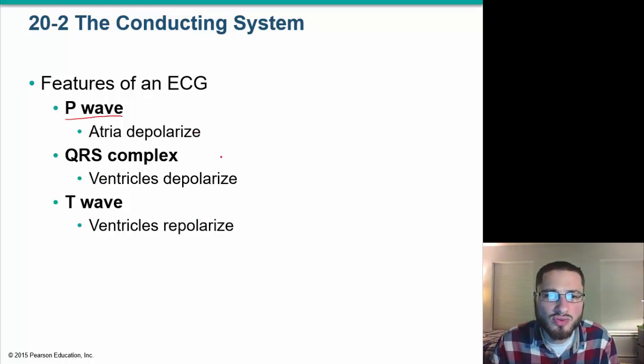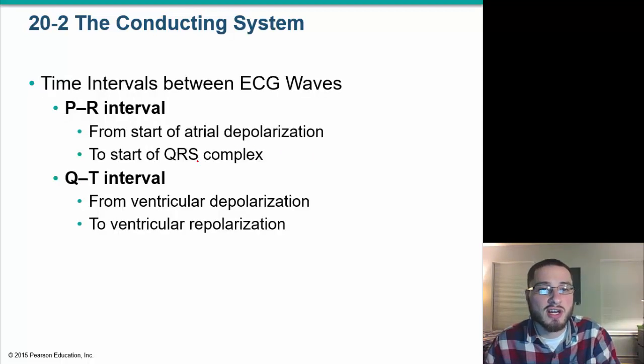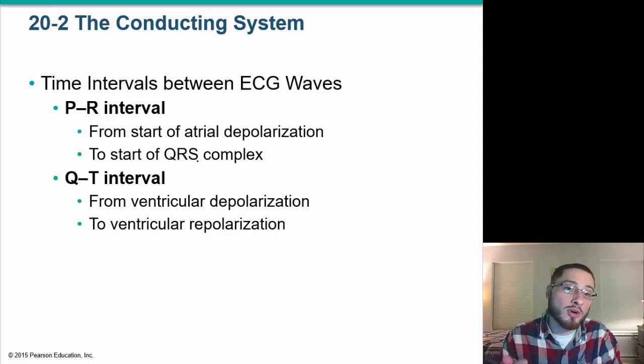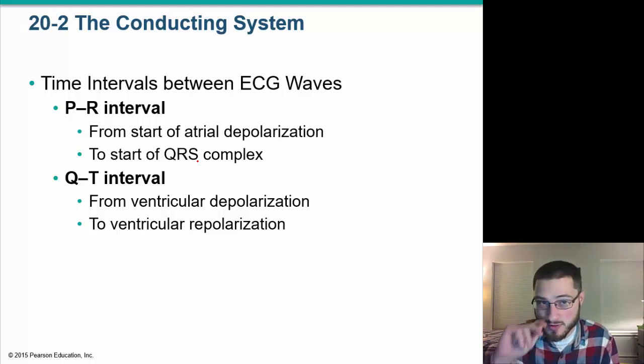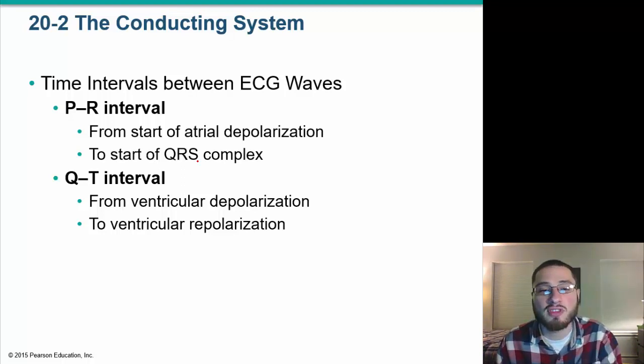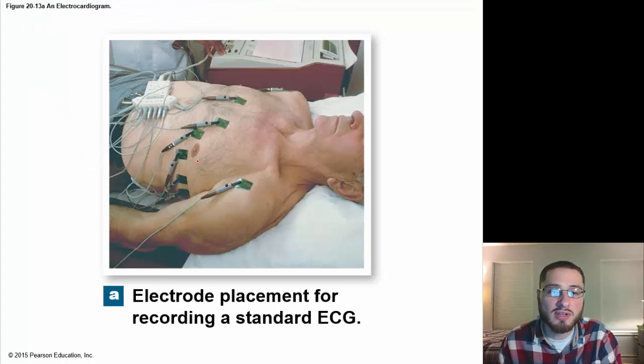So a lot of people say, well, when do the atria repolarize? Well, we don't see it on the EKG in waves because it is happening during this big, huge QRS complex. We also are going to measure how long it takes in between different segments or different waves. So we have the PR interval and the QT interval that we look at.